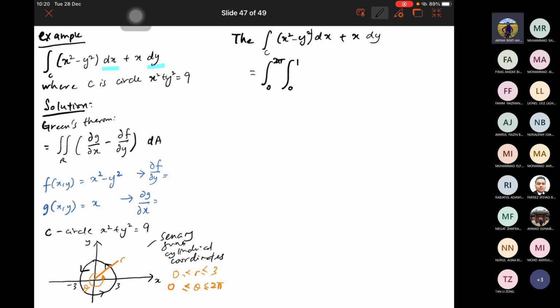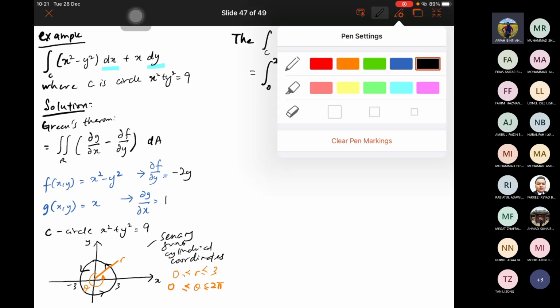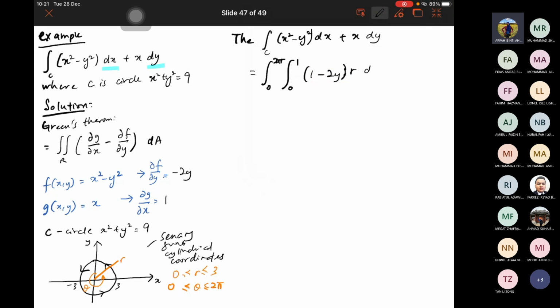So delta G minus delta X, this one akan dapat 1. This one dapat negatif 2 Y. So it will be 1 tolak 2 Y R dr d theta. Okay. R dr d theta. 0 sampai 2 pi.